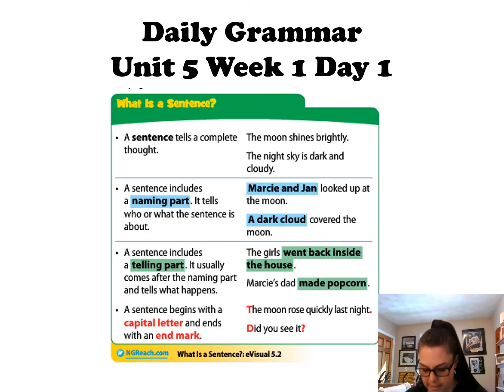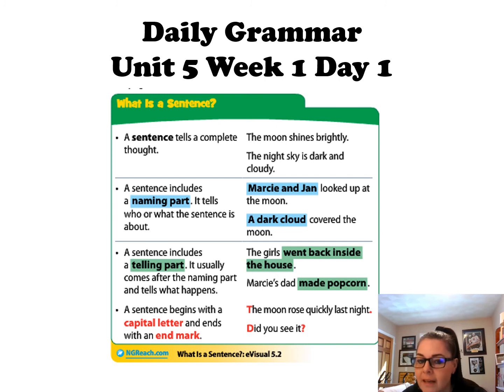All right, since I have you already right here, we're going to talk a little bit about grammar. In the last few weeks, we've talked a lot about complete sentences, and we've talked about the naming part and the telling part. So today is just a review that a complete sentence has to have a complete thought. It has to have a naming part that tells you who or what the sentence is about.